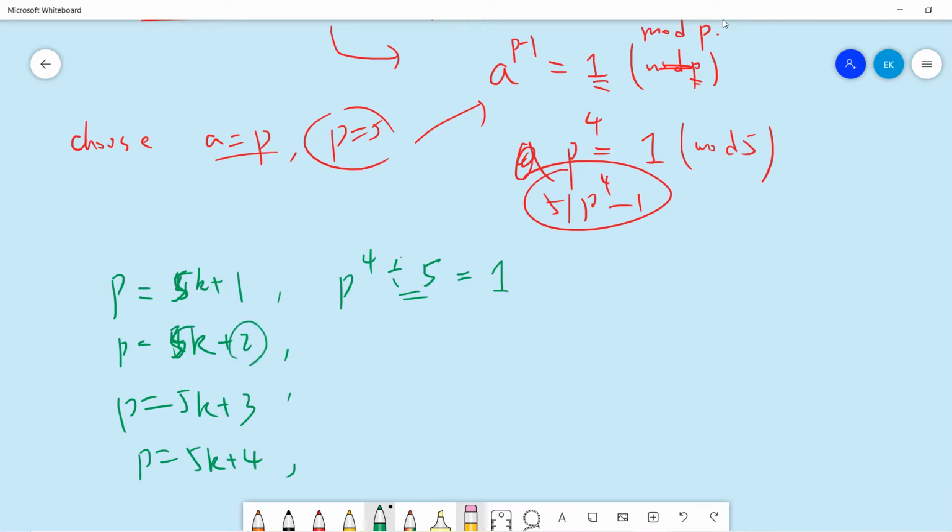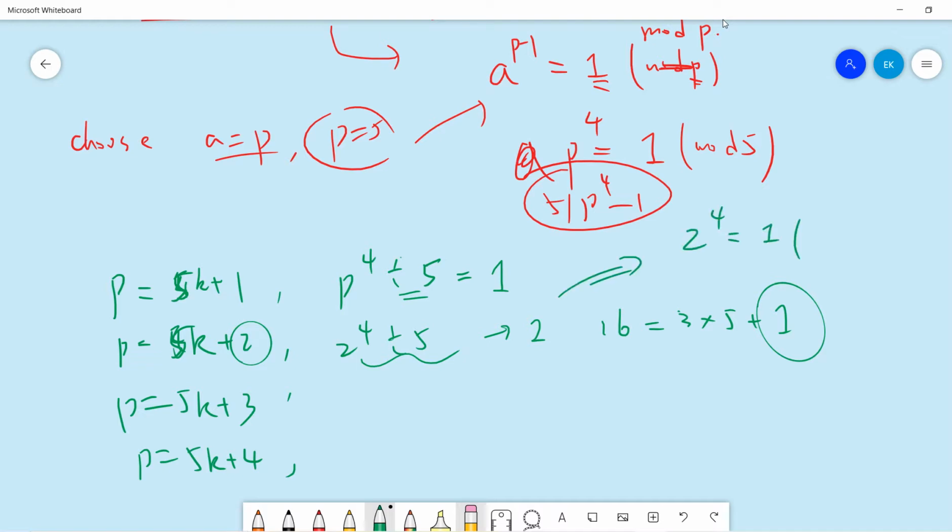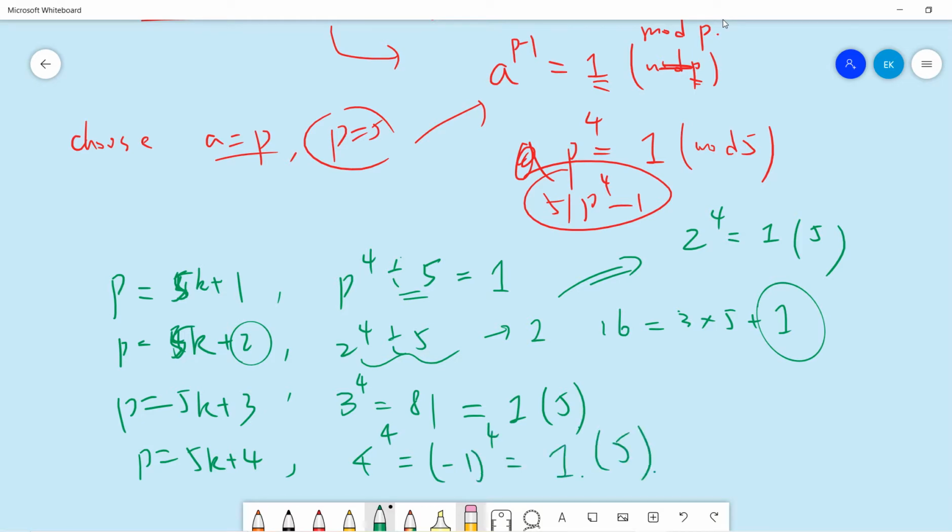For 5k plus 2, it's 2 to the 4th, which is 16, equal to 3 times 5 plus 1, so the remainder is still 1. Or I can write 2 to the 4 is 1 mod 5. Also 3 to the 4th is 81, which is not divisible by 5, but if you divide by 5, the remainder is 1. So 81 is 1 mod 5. Also 4 to the 4th can be changed to minus 1 to the 4th, so definitely 1 mod 5. Combining all four, we get that P to the 4 minus 1 must be divisible by 5.